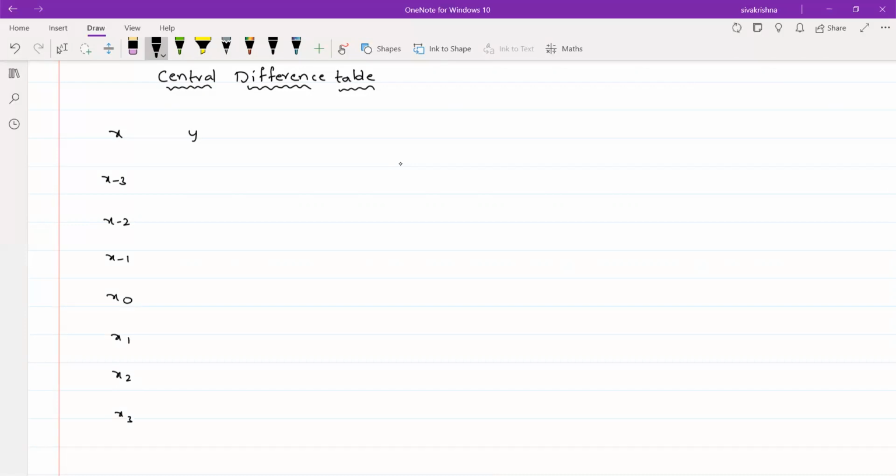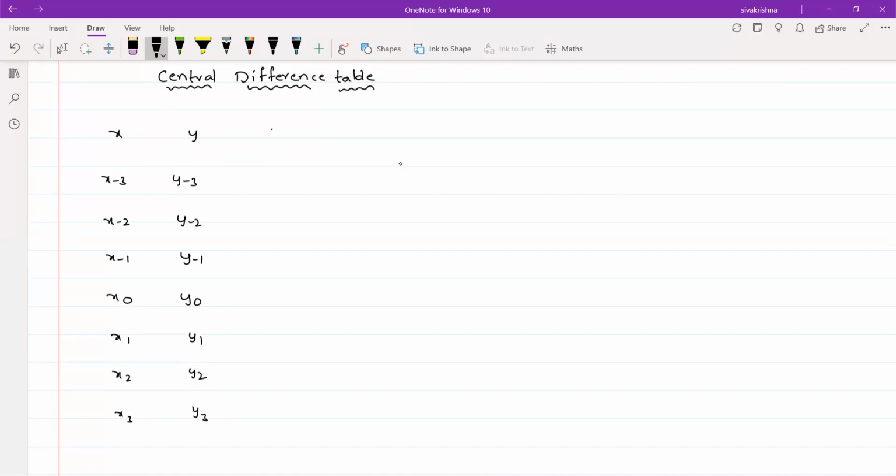In the central difference table, the first value of x is not x naught, we have negative suffixes. The corresponding y values are named y suffix minus 3, y suffix minus 2, y suffix minus 1, y naught, y1, y2, and y3.